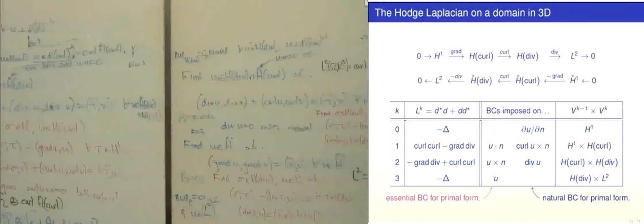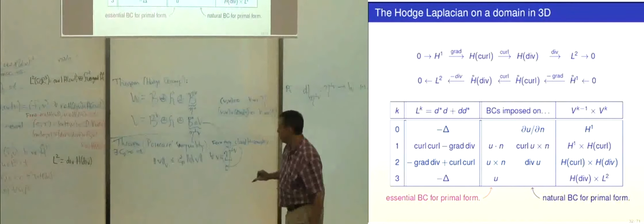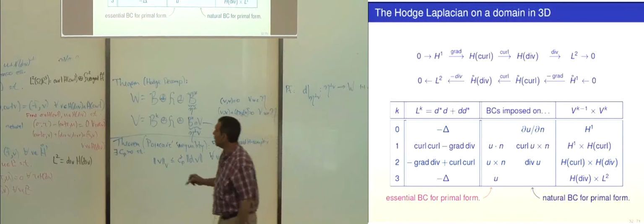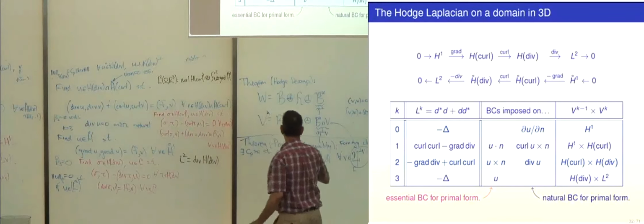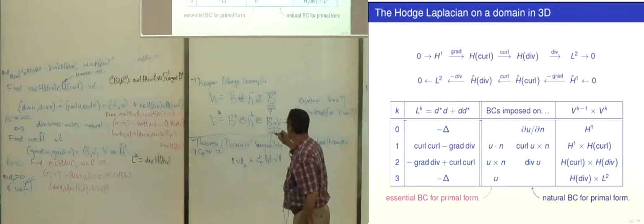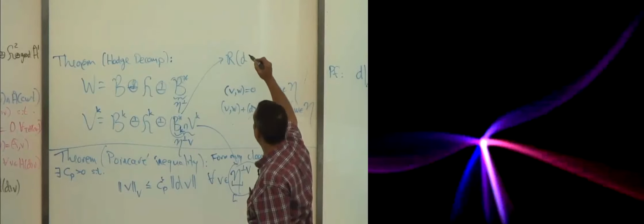I'm trying to characterize the orthogonal complement of the null space Z. And maybe I screwed myself up because I wasn't being careful about my K's. Is that what I did? And what's this D star K? This is the range of D star.